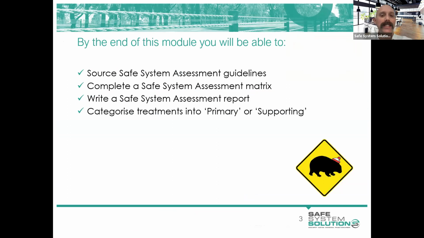How we complete the safe system assessment matrix, and that's the meat of a safe system assessment, and then how we write up the assessment report, and then categorizing any recommendations or treatments we're suggesting into the categories of a primary safe system treatment or a supporting safe system treatment, which are the 2 main key categories of ideas.